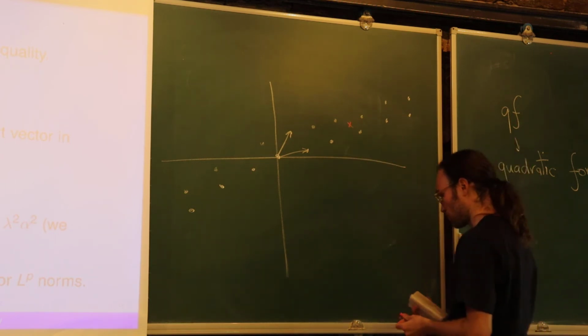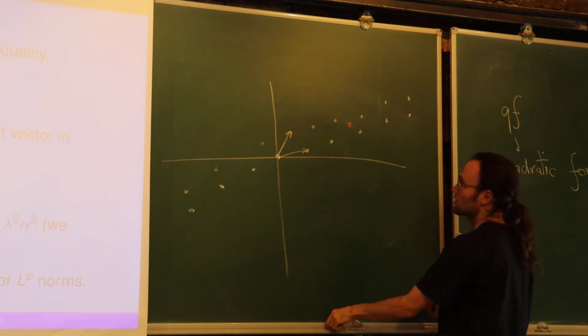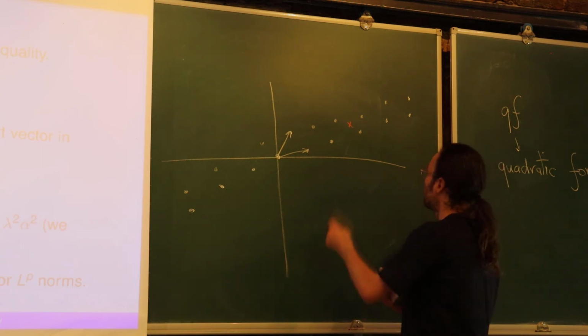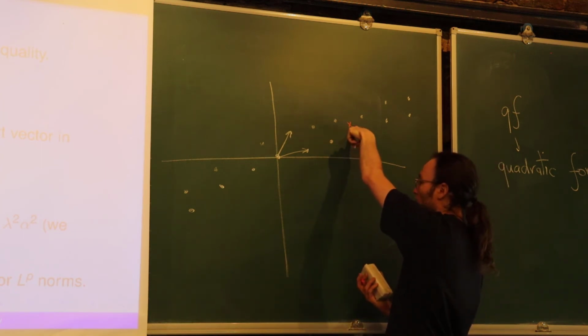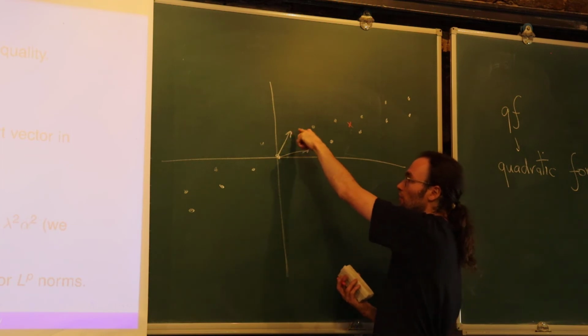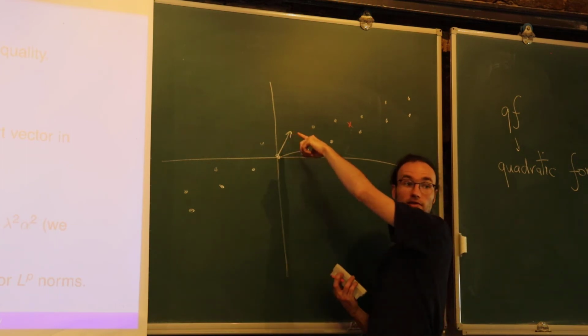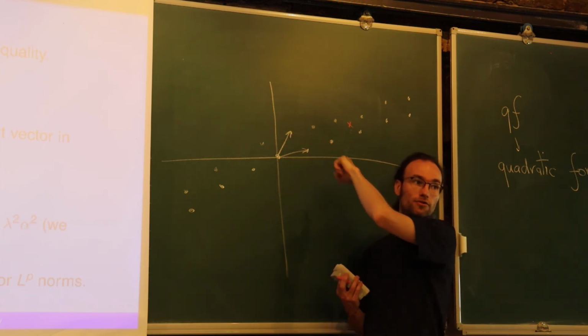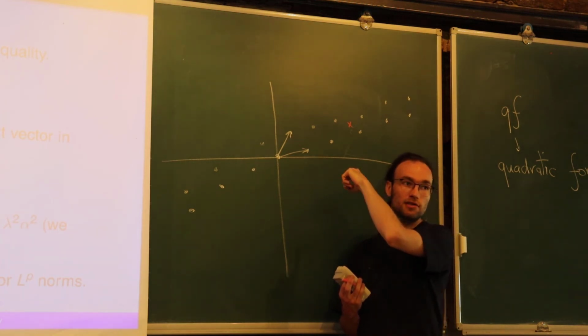Okay, so first maybe what I should say is one basic idea that you could use is you take this vector and you express it as real combinations of the basis, and then you round the coordinate to the nearest integer.